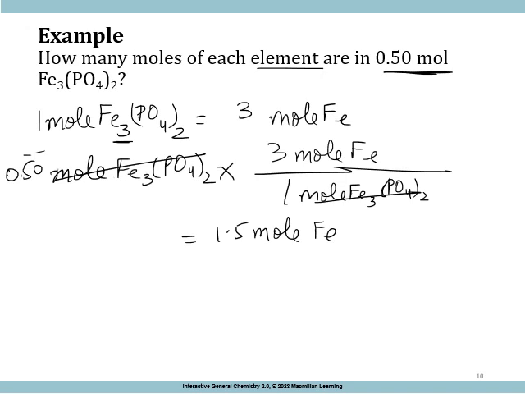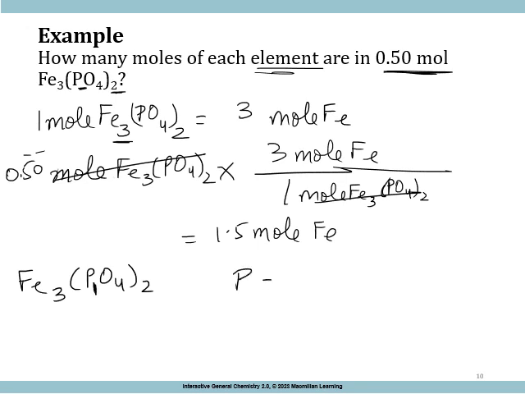Okay. Similarly, it's asking of each element, so I can do phosphorus. Now you might be able to do this in your head, or you can use this longer approach. It doesn't matter. Now I'm interested in phosphorus. Based on this chemical formula, remember, how do we find number of atoms? Whatever is your subscript is multiplied by this number. Okay, you don't add them, you multiply them. So if I have Fe3PO4 whole twice, how many phosphorus do I see here? 1 multiplied by 2.